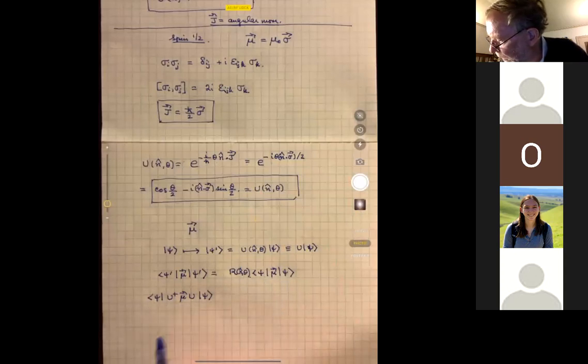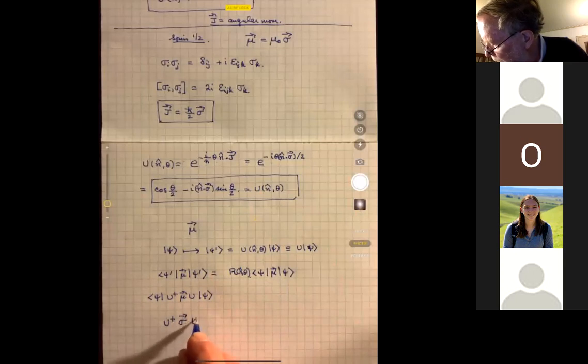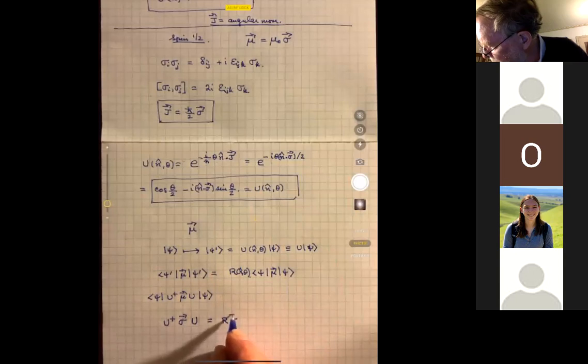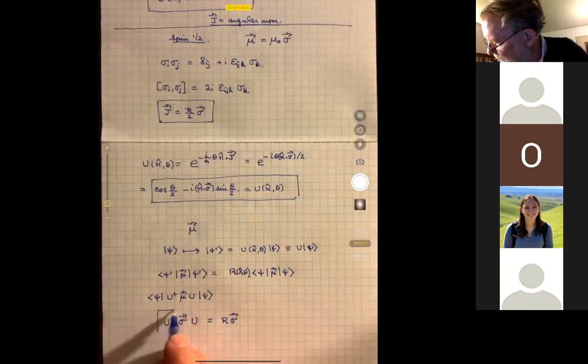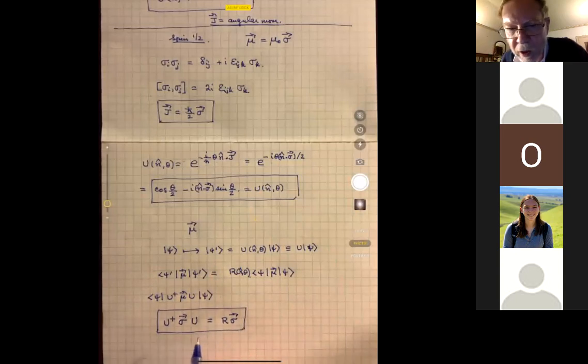This ought to hold for all states. And if we do, we obtain a requirement that our U operator ought to satisfy, which is that U dagger sigma U ought to be equal to R times sigma. Let me box that. I haven't proven that this is true. All I've done is argue, on the basis of how the expectation values of vector operators ought to transform, that this ought to be true as part of the physical interpretation of what U should satisfy in order to be considered a rotation operator.